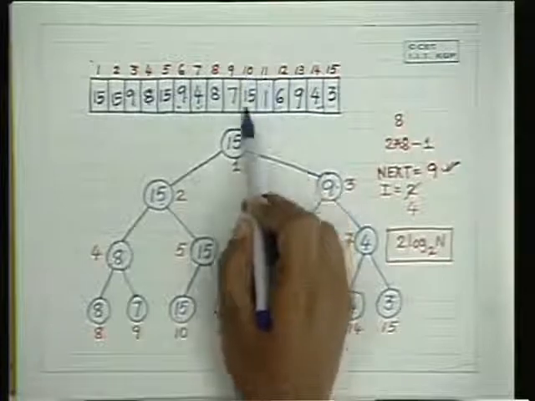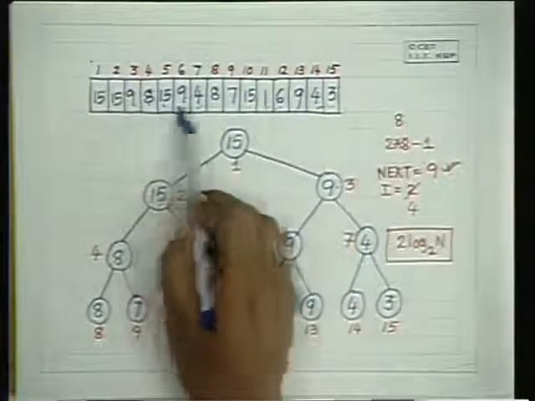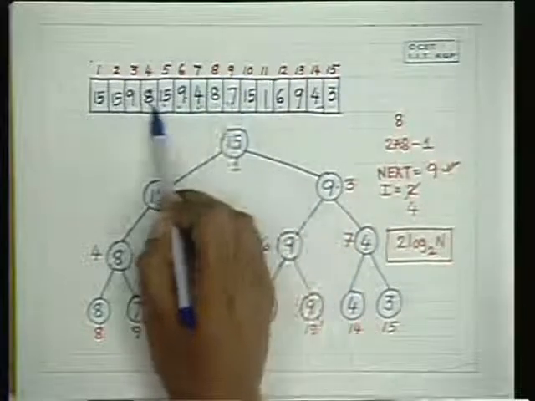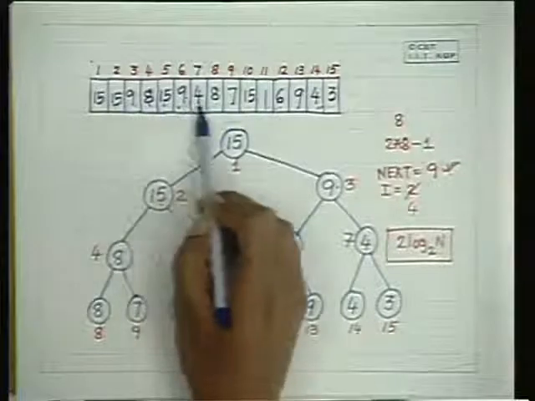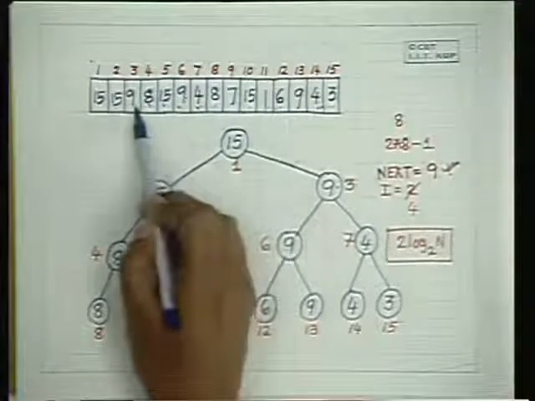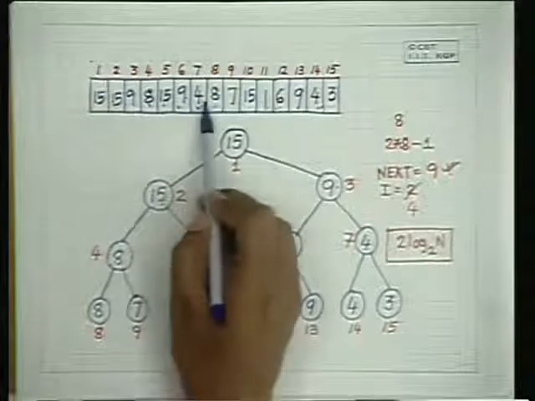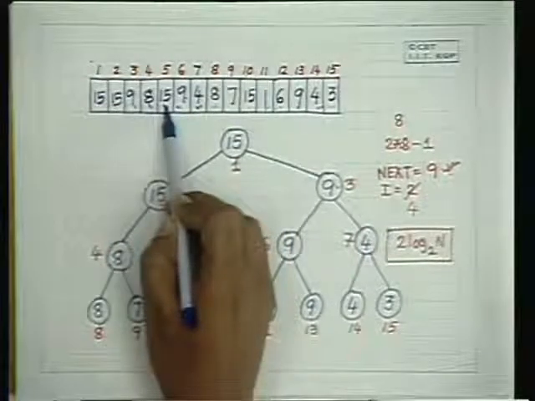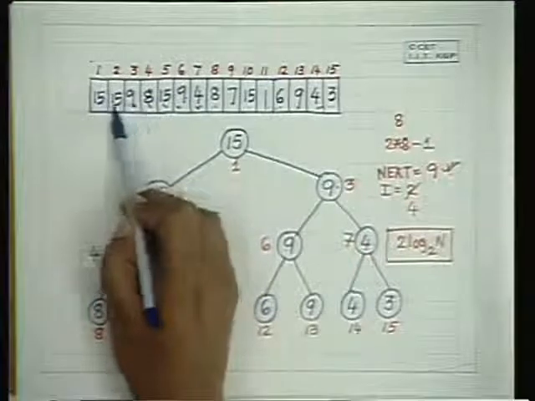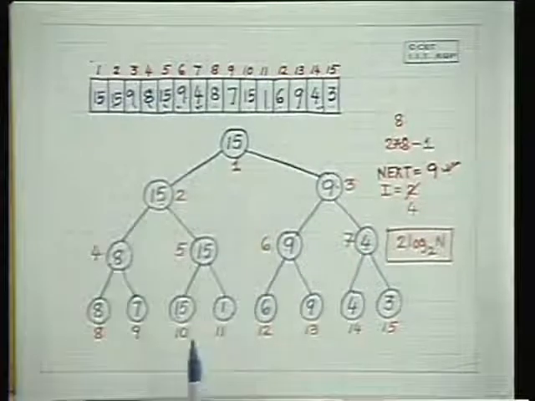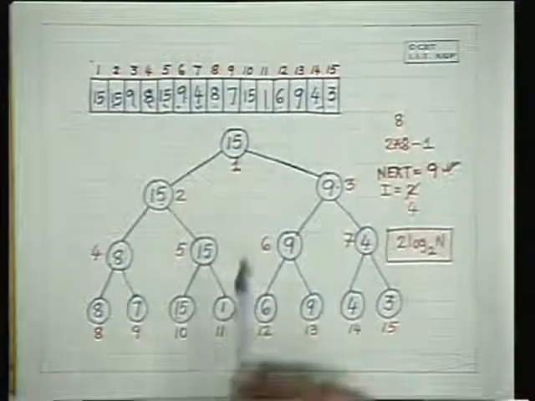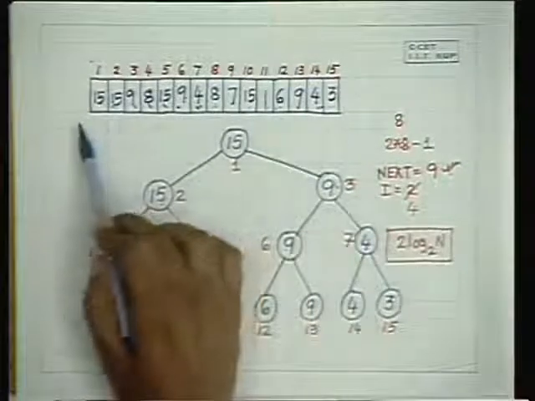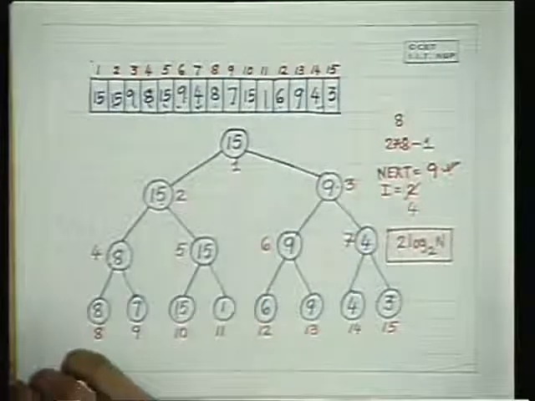Then those in locations 10 and 11 we stored in location 5. Those in 8 and 9 we stored in location 4, and we continued. Those in 6 and 7 we stored in location 3. Those in 4 and 5 we stored in 2, and comparison of 2 and 3 we stored in 1. Therefore, the algorithm to build up a tournament was a very simple algorithm.